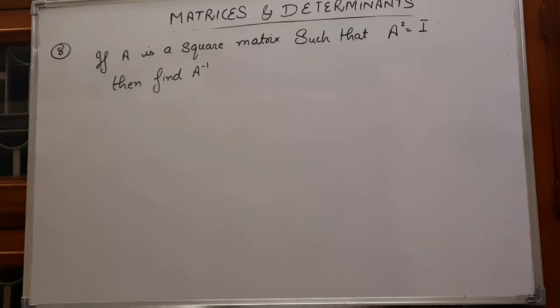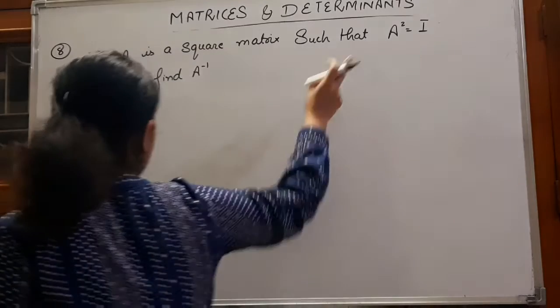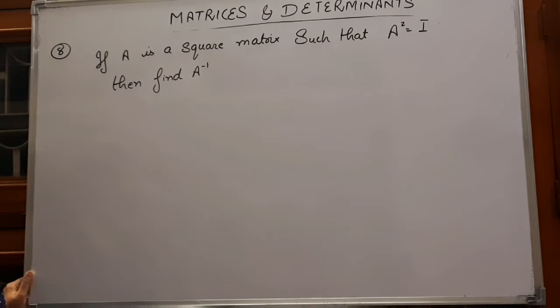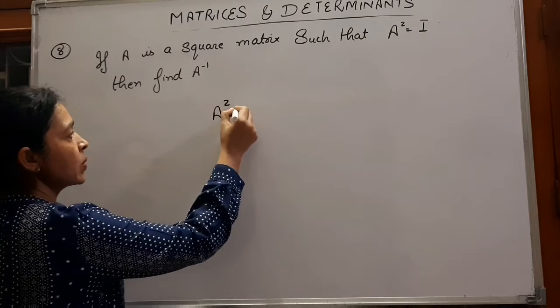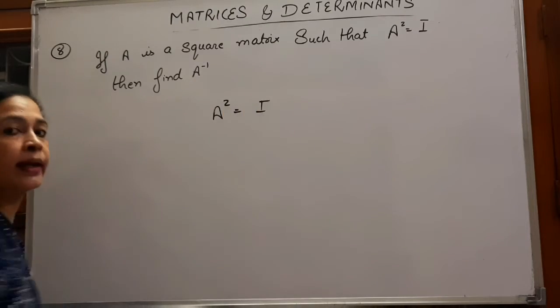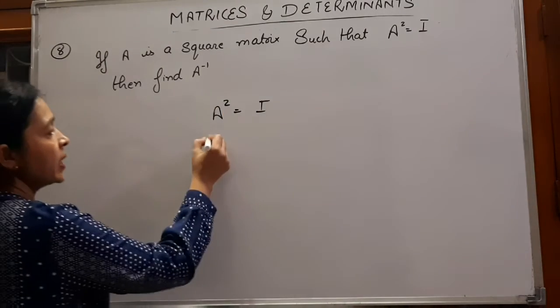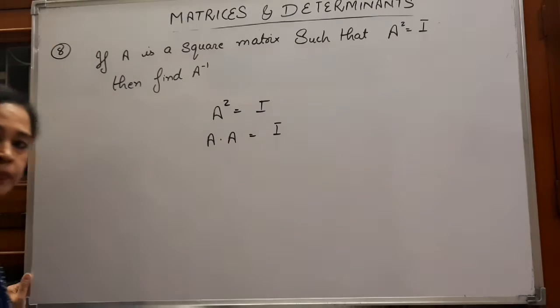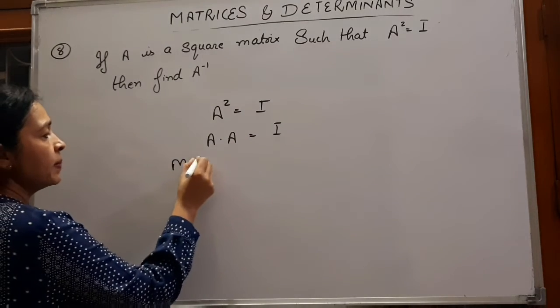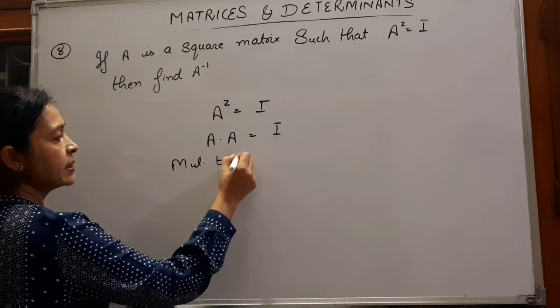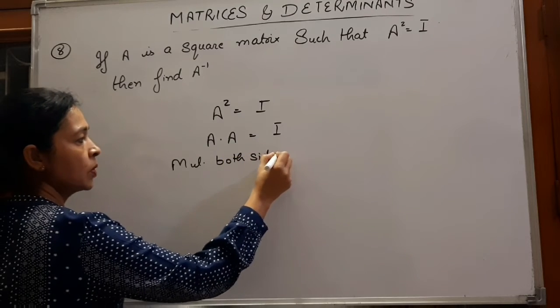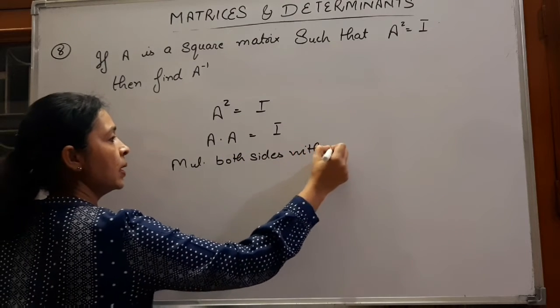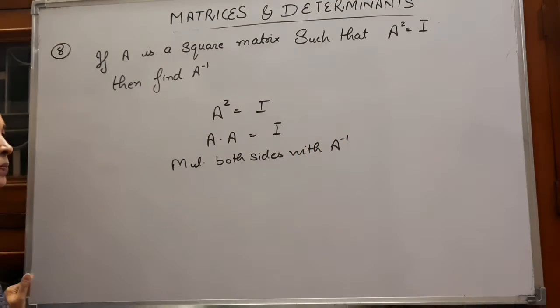If A is a square matrix such that A square is equals to I, we have to find the value of A inverse. It is given A square equals to I. I is identity matrix. A square means A into A. This is equals to I. Now multiply both sides with A inverse.